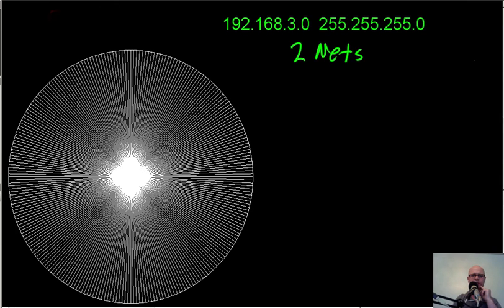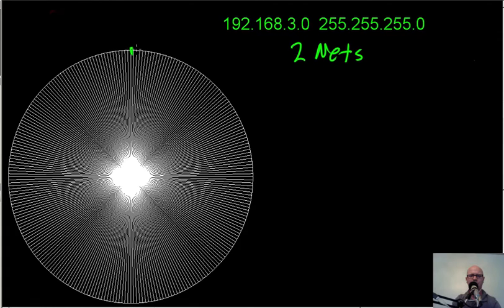Each of these slices of pie represents an IP address in that network. The host portion here is 1 byte, and with the knowledge of binary math, 1 byte or 8 bits is 256 different combinations, or 256 addresses within that network.